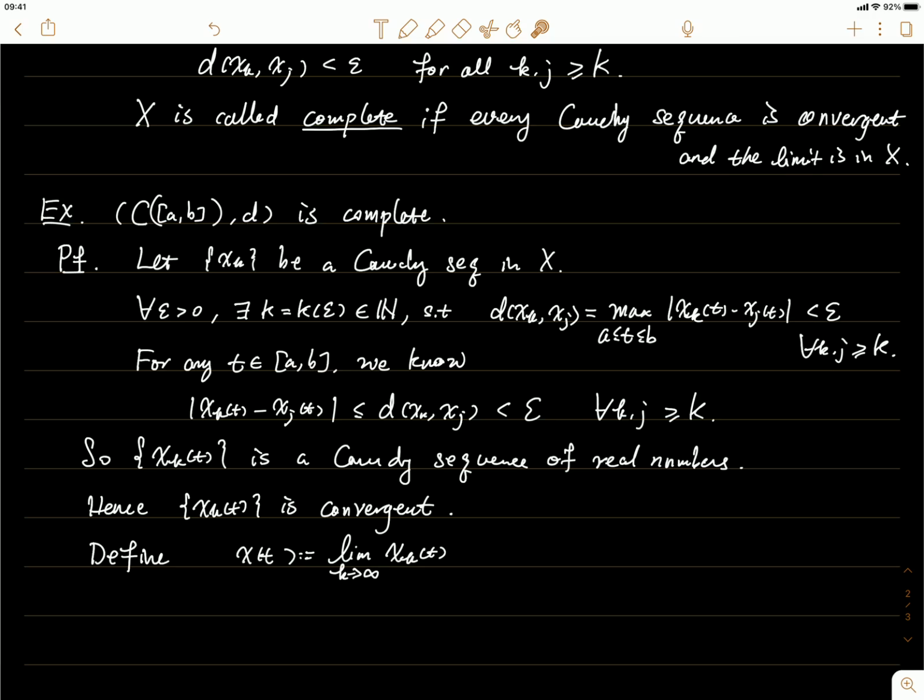Okay, and now the only question is, I know that this sequence is actually convergent. I look at the sequence of functions xk, I know that it's going to converge to this x pointwise.